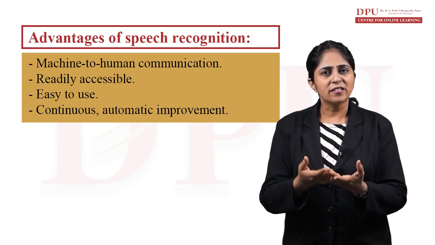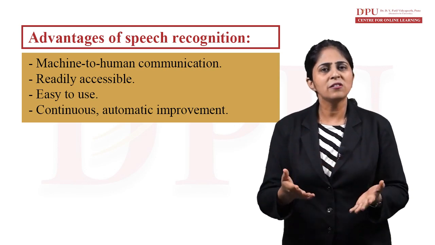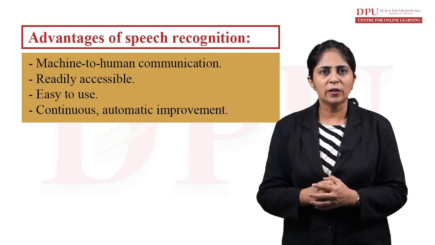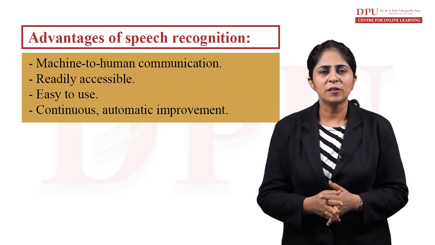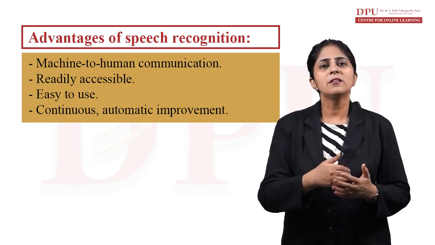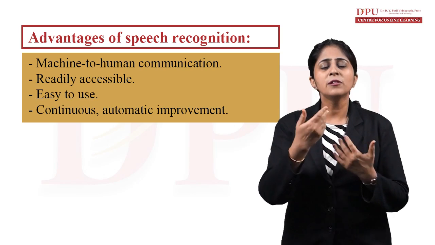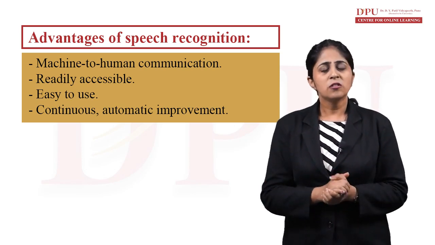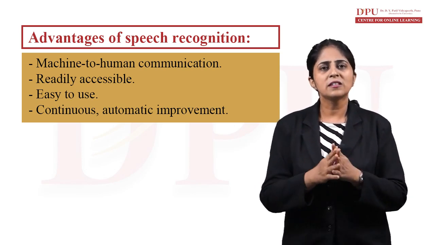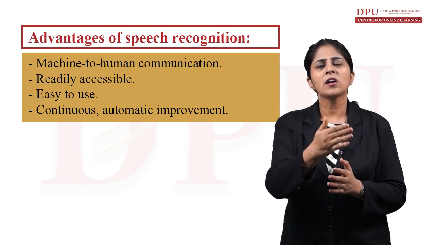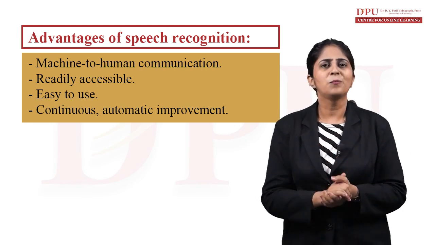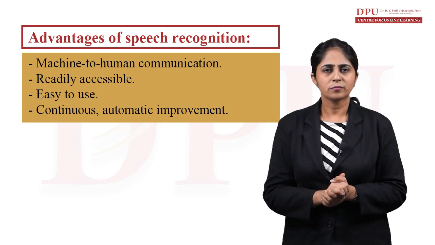And for the next time, they will improve themselves and give us better and better results. So these kinds of systems and software have continuous and automatic improvement by themselves.